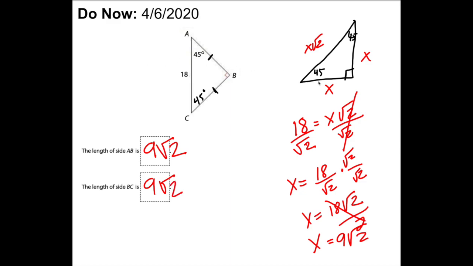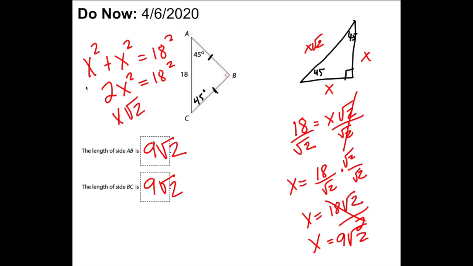Here's another way you could look at it. Because this is x and this is x, you know that x squared plus x squared equals 18 squared because of the Pythagorean theorem. So 2x squared equals 18 squared. Okay, so if I square root both sides, what I get is x root 2 equals 18, because the square root of 18 squared is 18.